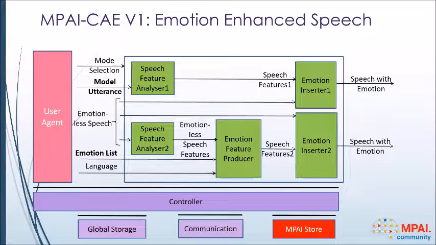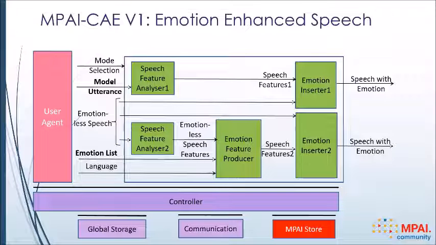So a few slides about how we have applied this component-based approach in a few cases that exist in version 1 of standards. One is how can you generate an utterance that has a certain type of emotion, but starting from an emotionless speech segment.